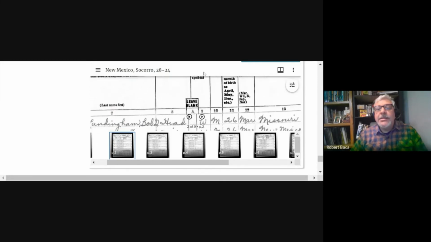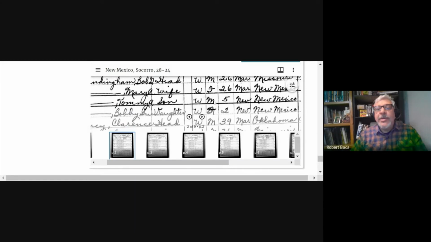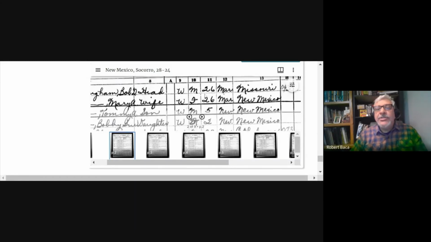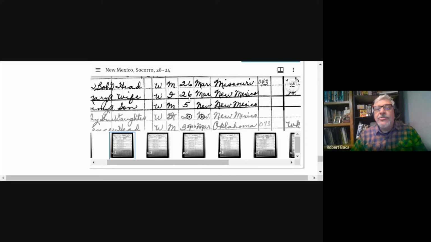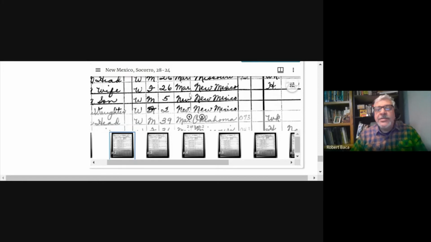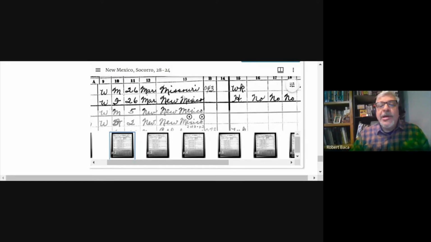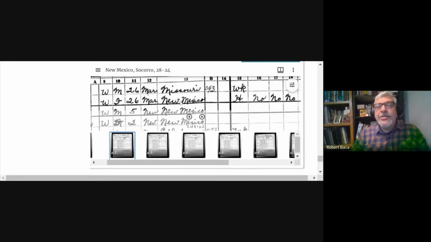Yeah, white. Male, female. Ages 26, 26, 5, and 2. Whether they were married, MAR means married in this census. NEV means they were never married. Obviously, a 5-year-old is not married. Where they were born, Missouri, New Mexico.